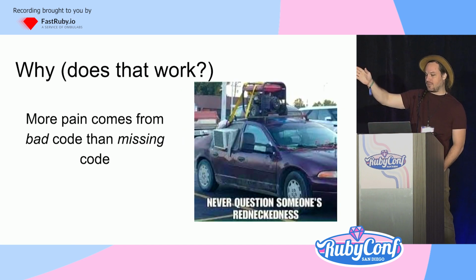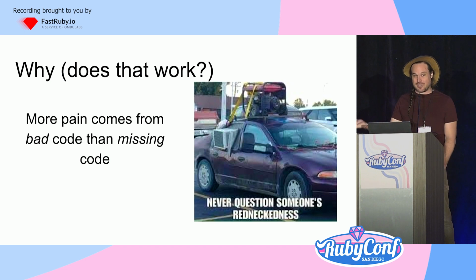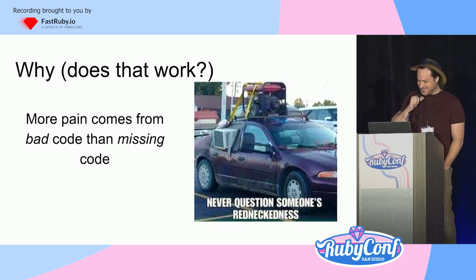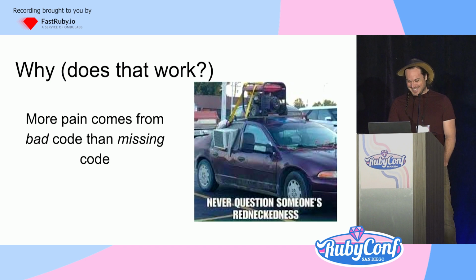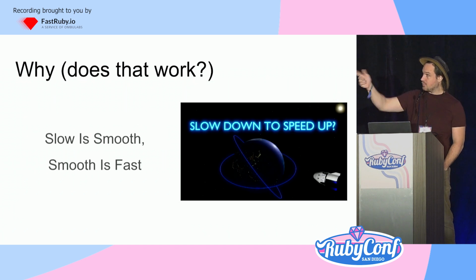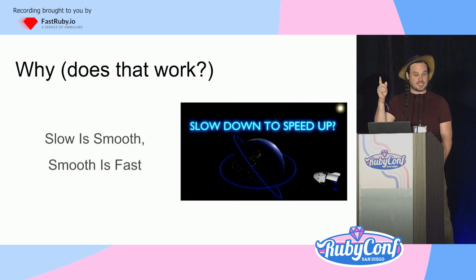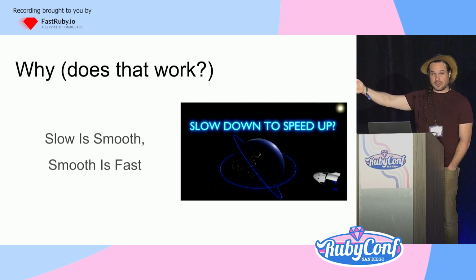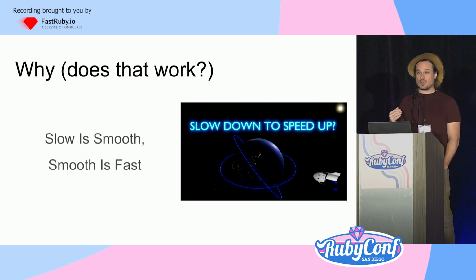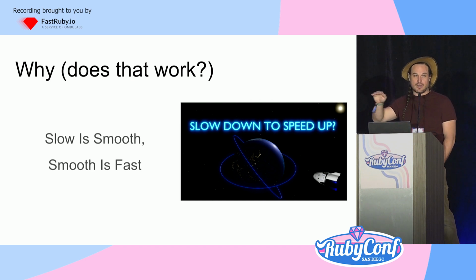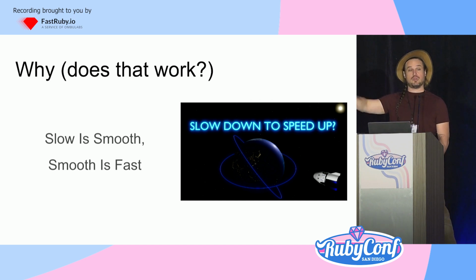I find in my life that more pain comes from bad code than missing code. Again, don't build things rather than build things poorly. This is a saying that comes from a lot of different communities. I experienced it through learning to spin things like hula hoops. Slow is smooth, smooth is fast. If you ever notice, if you try and rush when you're walking, you trip a lot. But if you take the time to do each part of the step quickly, you just move fast.